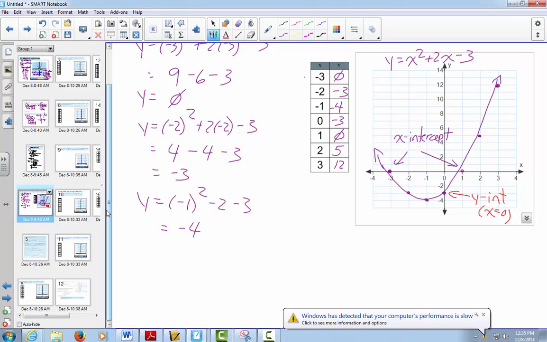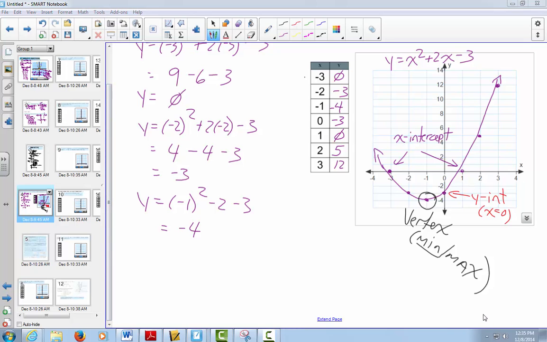It's where it crosses the y-axis. And another really important point is our vertex. It's our minimum or maximum depending on the shape of our parabola. In this case, it's the lowest point, minimum. Okay? And that's all we're doing when we're trying to sketch it. We want to be able to have a good idea of what it looks like.